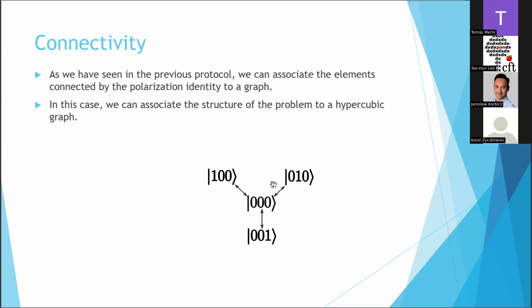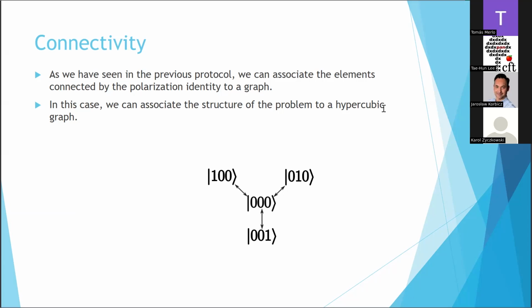To see which elements are connected, an easy way is to decompose the index, the j, k index, in a binary string. For example, for 3-bit strings, the 0 is connected to each element whose Hamming distance from it is 1. This means that if we take two bit strings and compare them element by element, they differ in only one element. For example, the 0 is connected to the 1, to the 2, and to the 4.